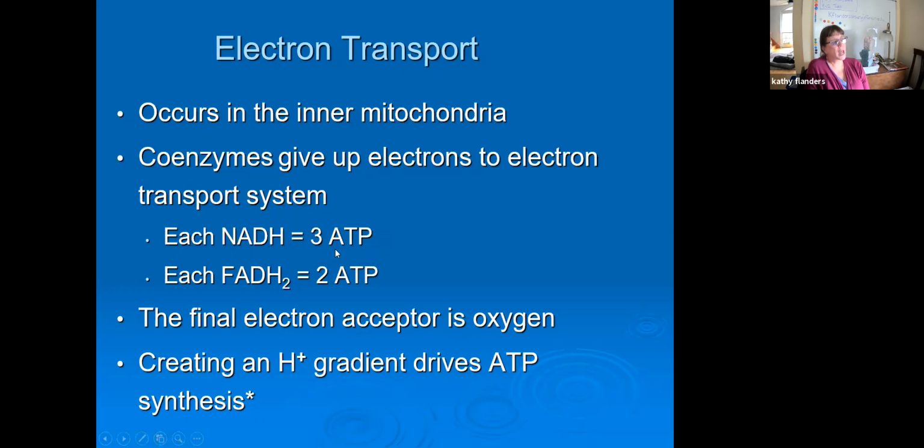So for each NADH, the electrons are going to produce about 3 molecules of ATP. And for every FADH2 that is produced during the Krebs cycle, about 2 ATP are produced. And so that's the power of those electrons.